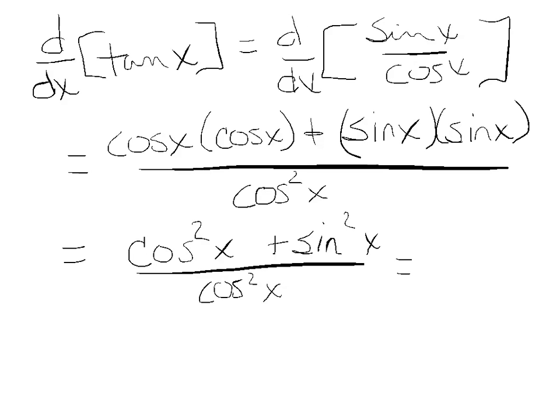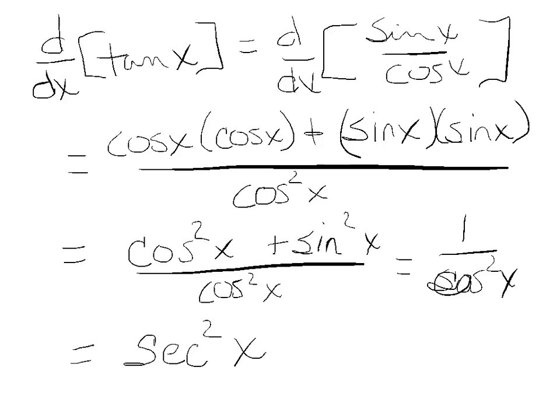And what is cosine squared plus sine squared? 1. And 1 over cosine squared is equal to secant squared. All right, so this is the derivative of the tangent. Secant squared x is the derivative of the tangent.